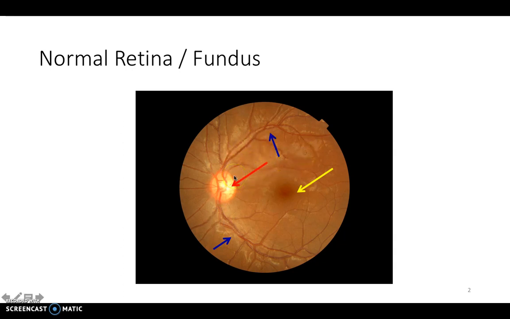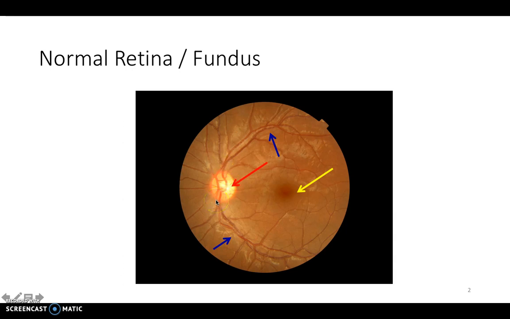When you're talking about the optic disc, we also have to look at the size and the shape of the optic disc. Normally it is oval in shape, and very importantly you have to look at the margins of the optic disc. The normal margins are well defined, sharp in contrast with the retina here, and in the center of the optic disc you have a cup-shaped depression through which the vessels come out.